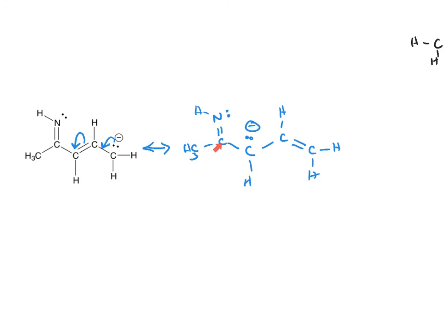Is this atom here part of a multiple bond? The answer is yes. So we can have an additional resonance structure. Electrons swing down to form our new carbon-carbon double bond. These electrons have to get kicked out of the way. They're going to get bumped up onto the nitrogen, just like that.